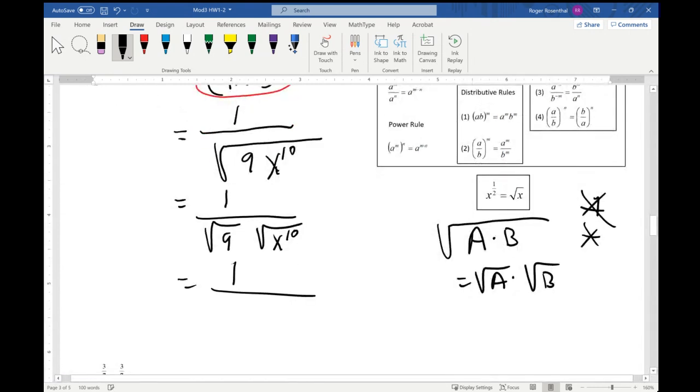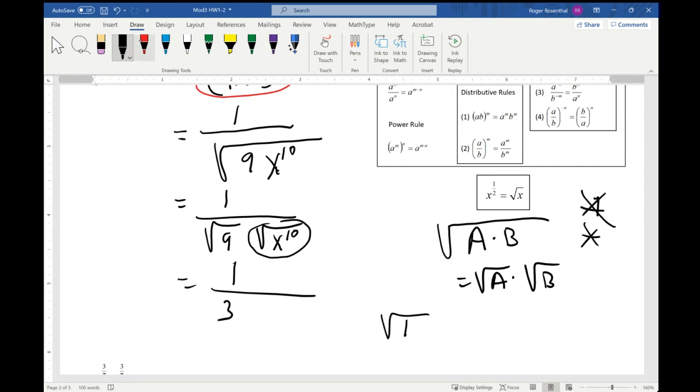Well, the square root of 9, we all know, is 3. And the square root of x to the 10th, remember there's really a 2 there. And remember the way that works is you're basically going to get rid of the radical, and you'll divide the 10 by the 2, and that gives you 5.